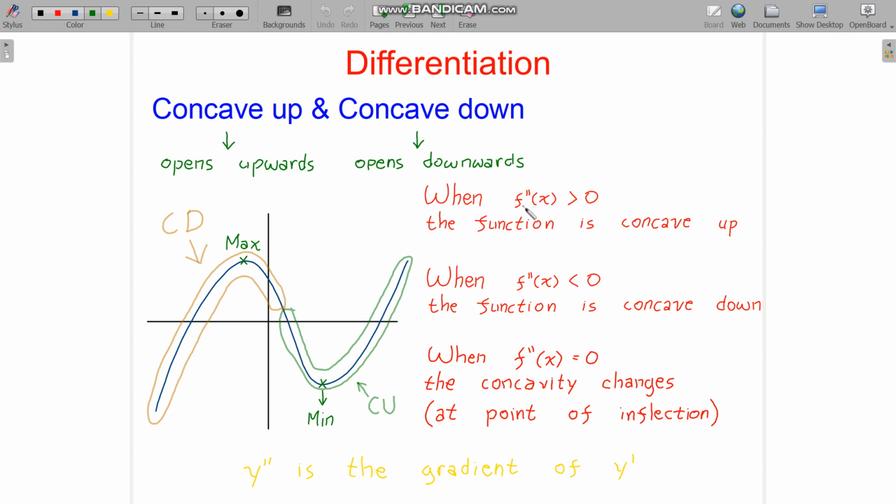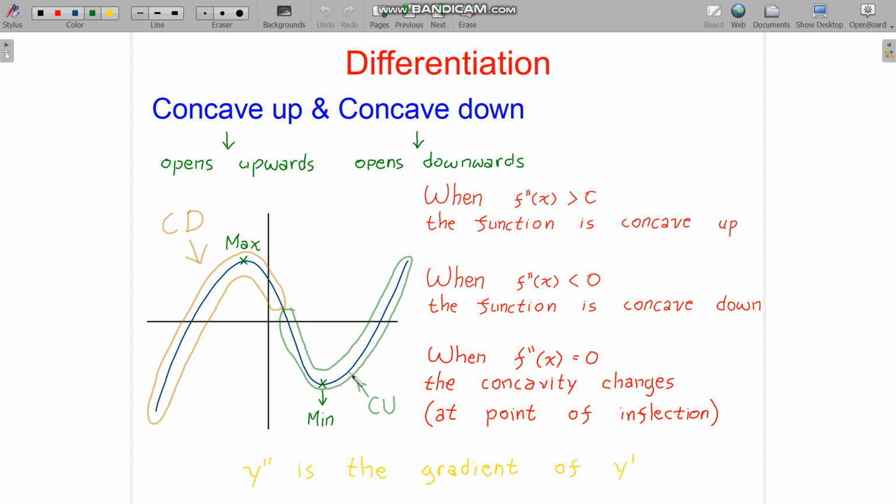So when the double prime is positive, the function is concave up. So positive means concave up, which makes sense. If the double prime is positive, the double prime means the gradient of f prime. So we know here the gradient is going down negative, the gradient is positive.